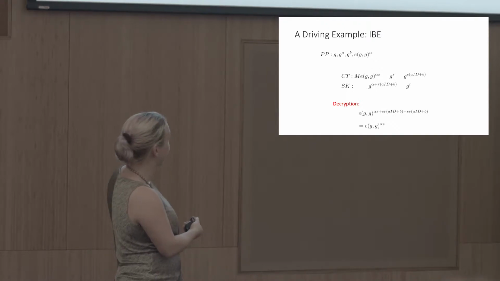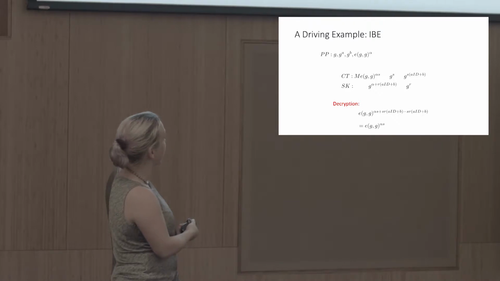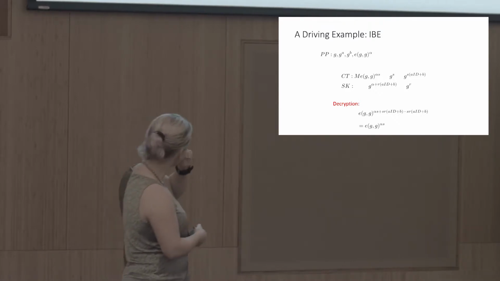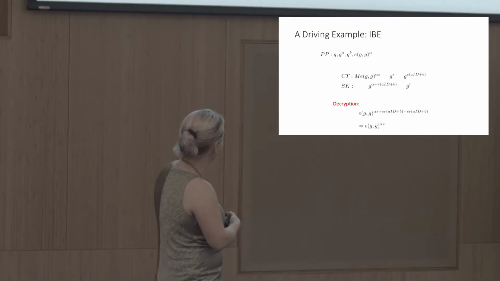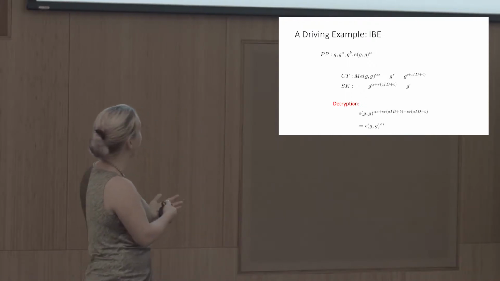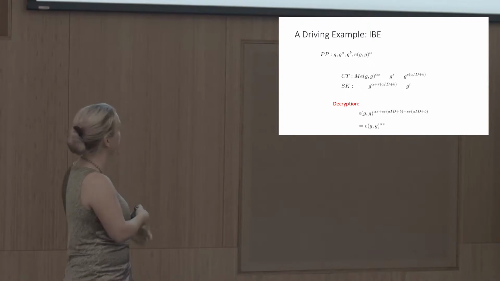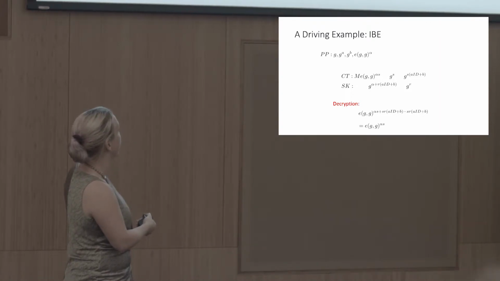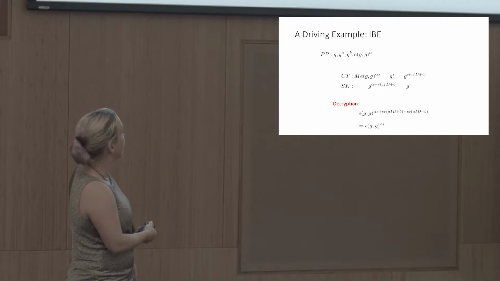And to express this identity that you're encrypting to, you compute g to the s times (a·id + b), which you can do as a function of these public parameters here. And to create a secret key, somebody who knows the master secret key alpha as an exponent can create these secret keys, and they put in a little bit of randomness for each key that they create. So they form this exponent alpha plus r times (a·id + b), and they also give you g to the r.